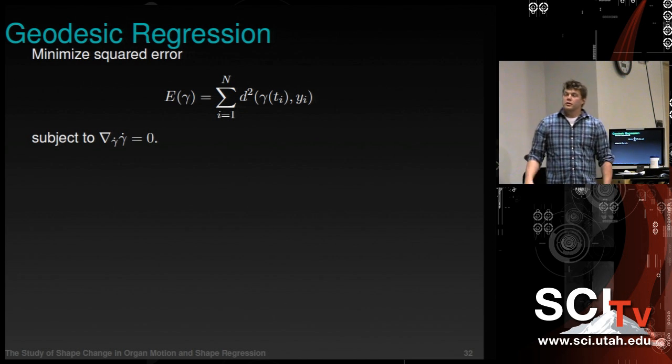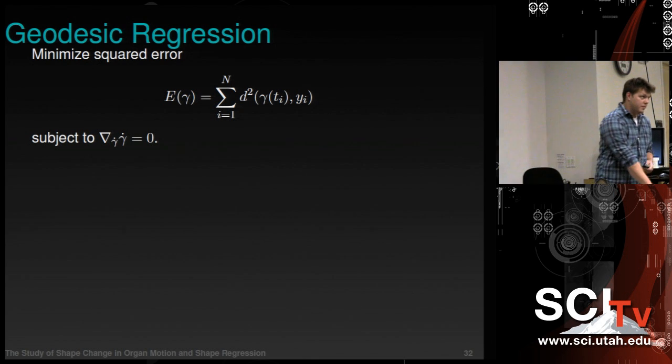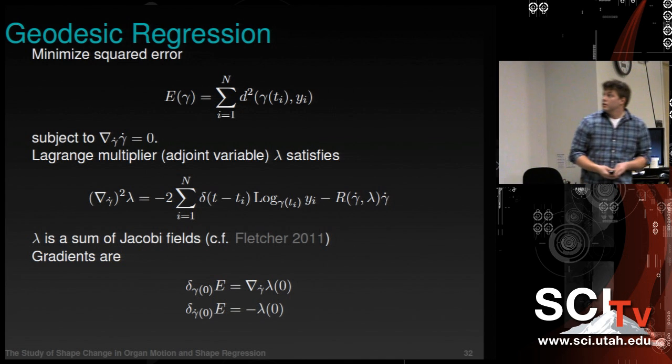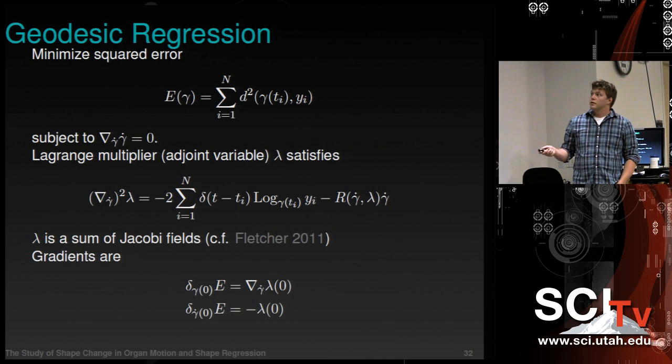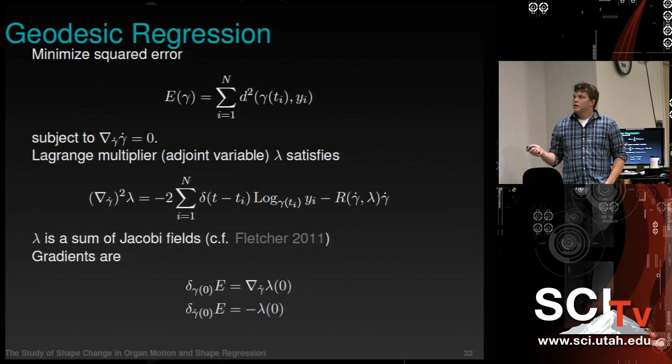For the first order, we have geodesic regression. And this is now current work. Tom has submitted this and presented it at MFCA in September. And this is actually a well-studied problem in differential geometry as well.